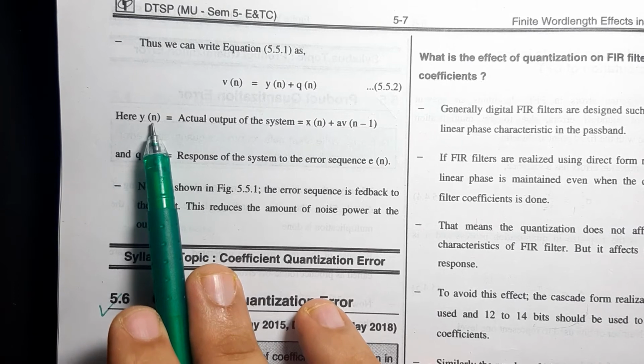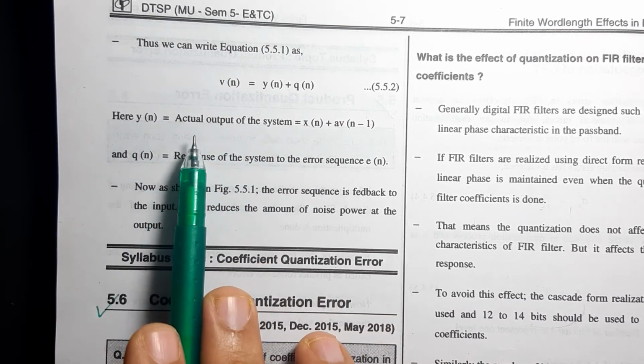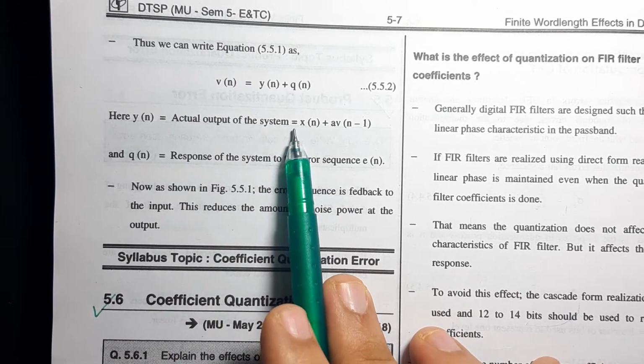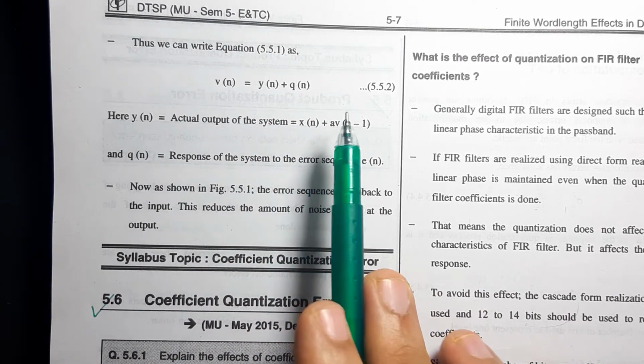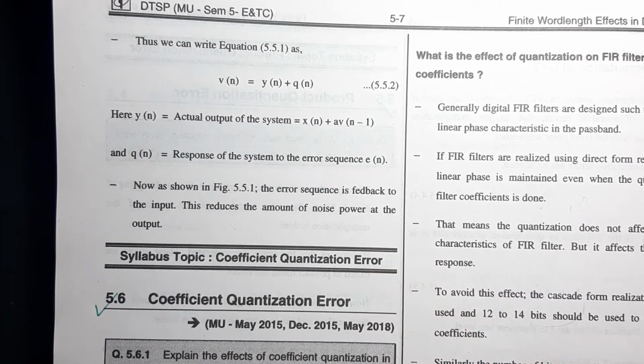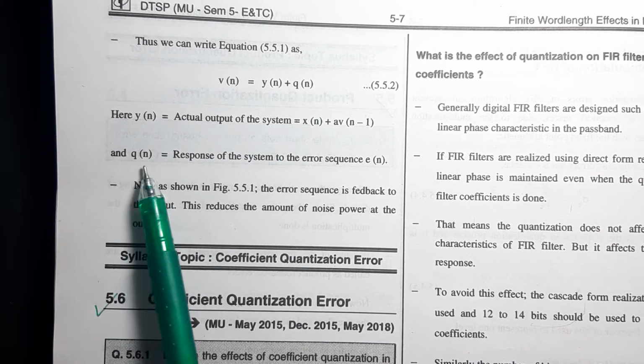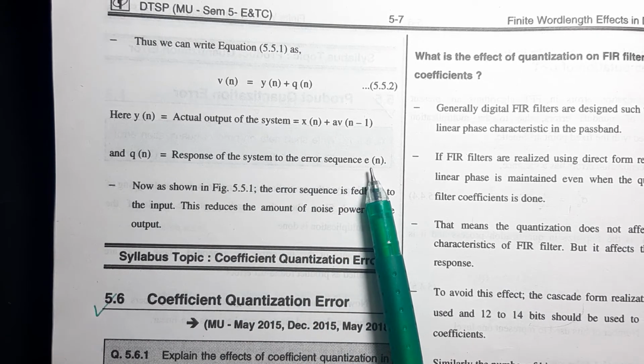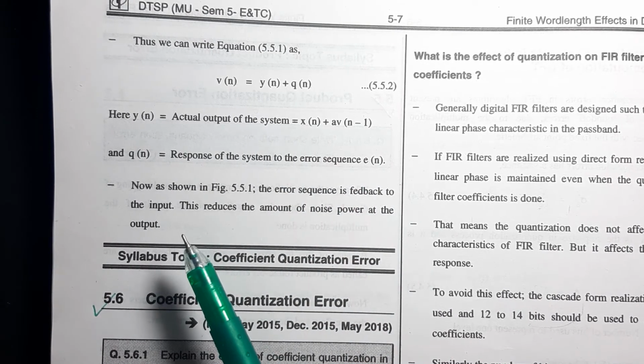Here y of n is the actual output of the system, which is given by x of n plus a into v of n minus 1, and q of n will be nothing but the response of the system to the error sequence e of n over here.